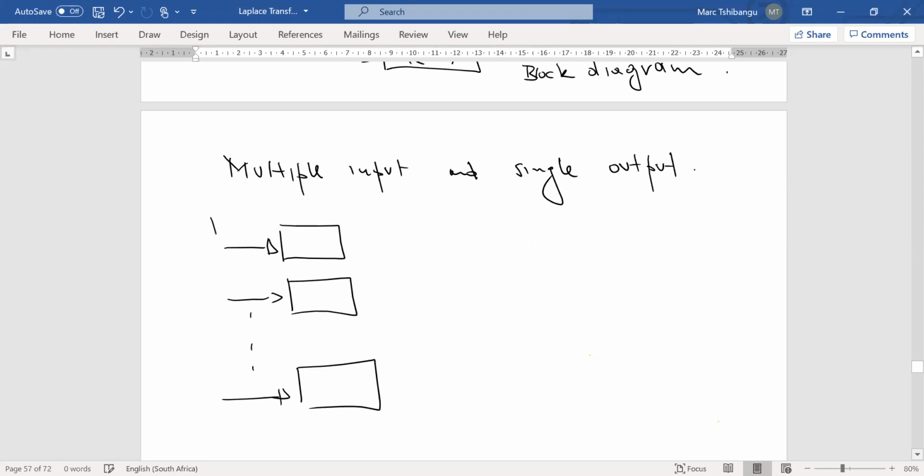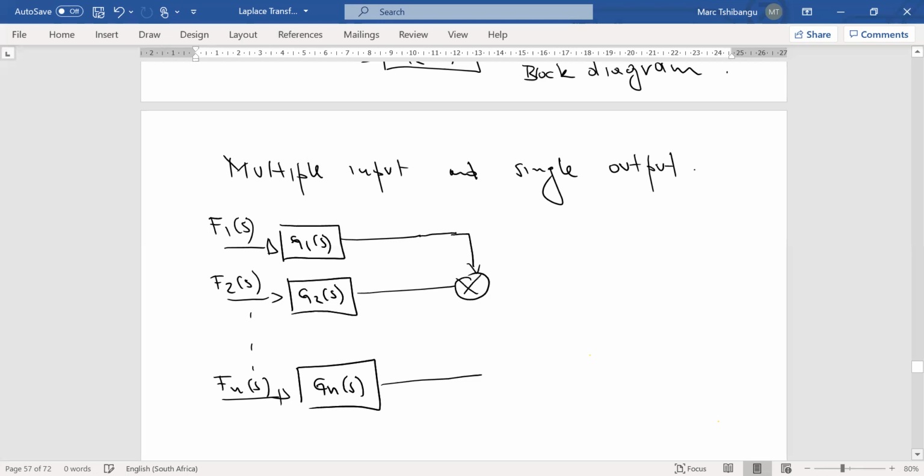So if the inputs are F1(s), F2(s), Fn(s), with transfer functions G1(s), G2(s), Gn(s), all these give us outputs that are going to be added to give us the output.